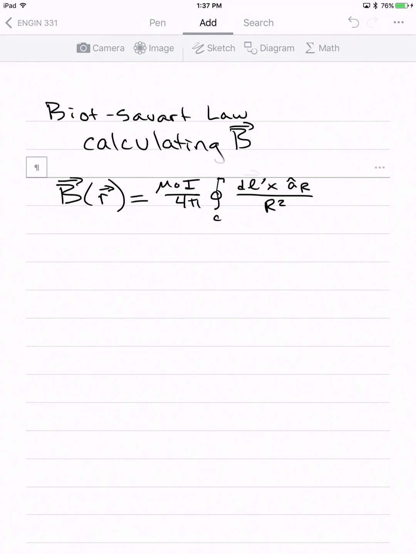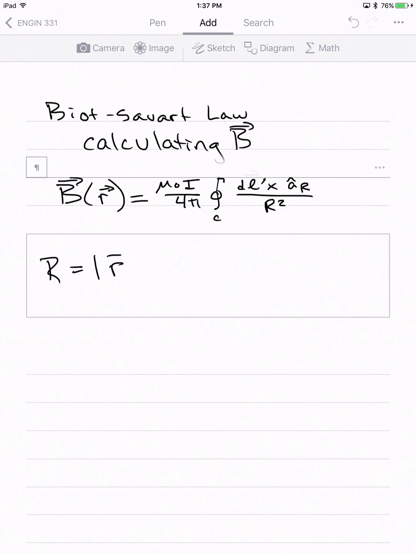And there, big R is equal to the magnitude of R minus R prime, where R is the observation point, and R prime is a location on the source. So at any particular location of observation, all of the points on the source distribution are going to provide us some contribution to the magnetic field.